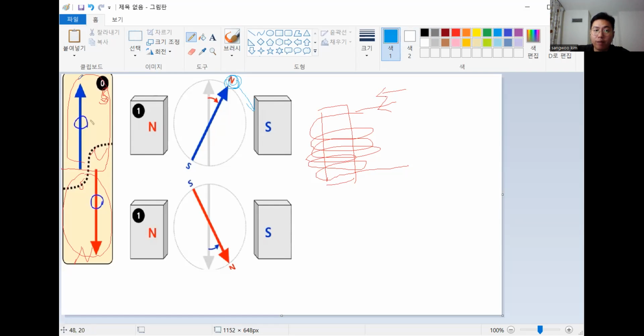At first time this is 0, right? And when we input the current on the coil, it depends on the magnitude.